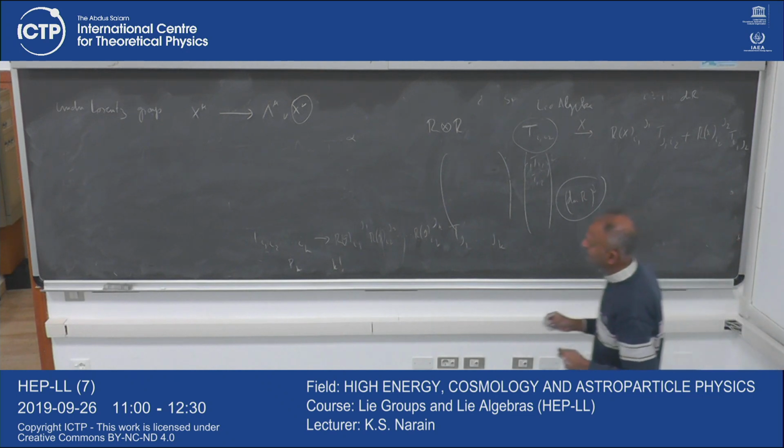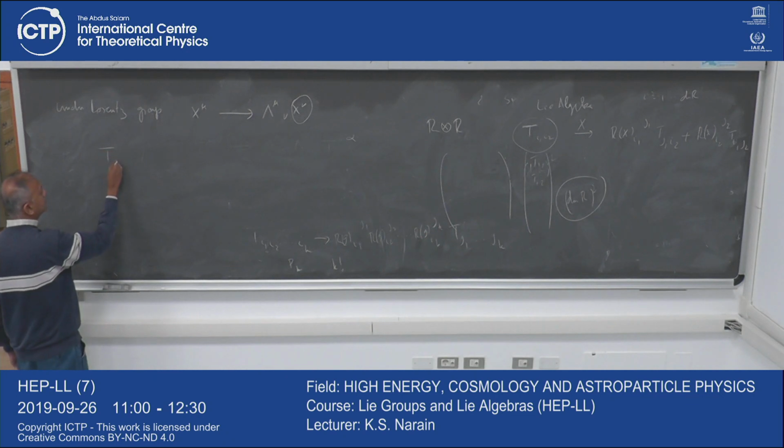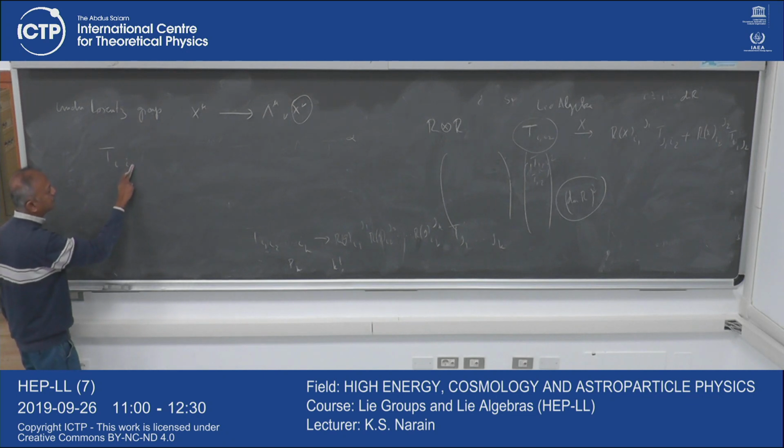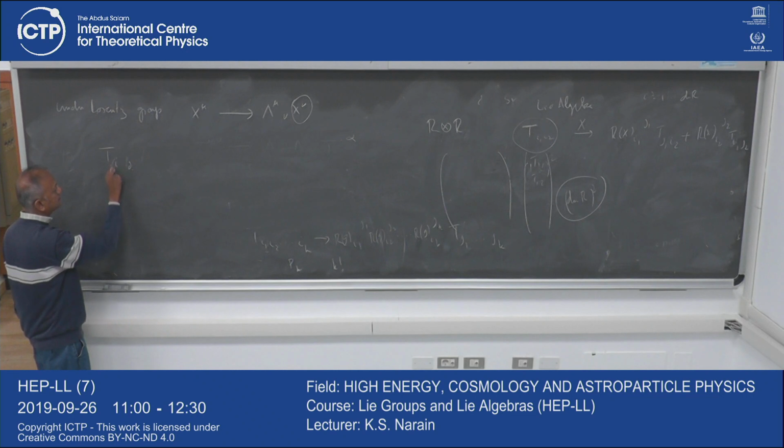So one thing you immediately see is that if I symmetrize these indices, I1 and I2, instead of writing this, why not just write I and J? Otherwise you have to put the subscripts 1 and 2 also. So T_ij, right? And take the symmetrized part. So I will define symmetric and antisymmetric.